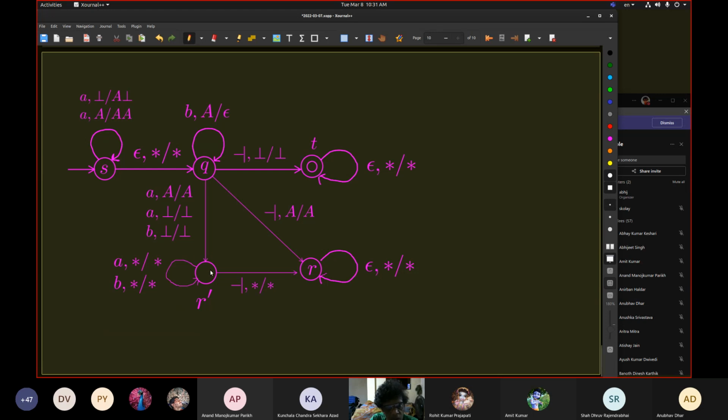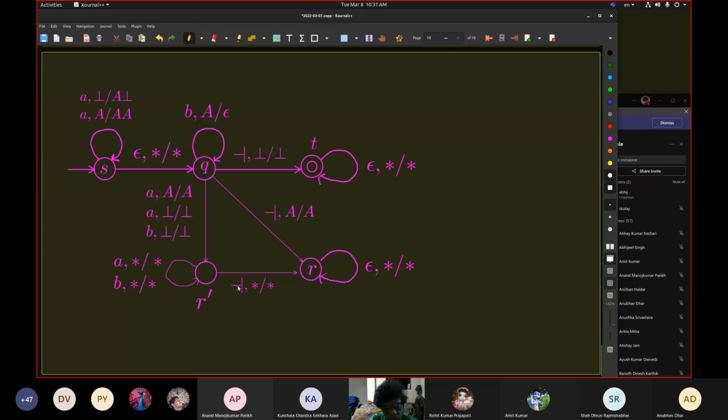The only utility of this R prime is I will consume the rest of the input if anything is available, keeping the stack unchanged. Star by star means whatever is there, keep it there. Read the remaining A's, read the remaining B's, if any. Then you read the end marker.